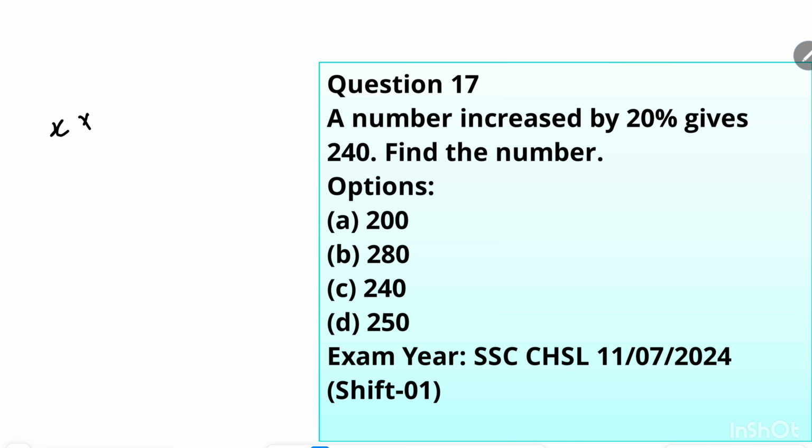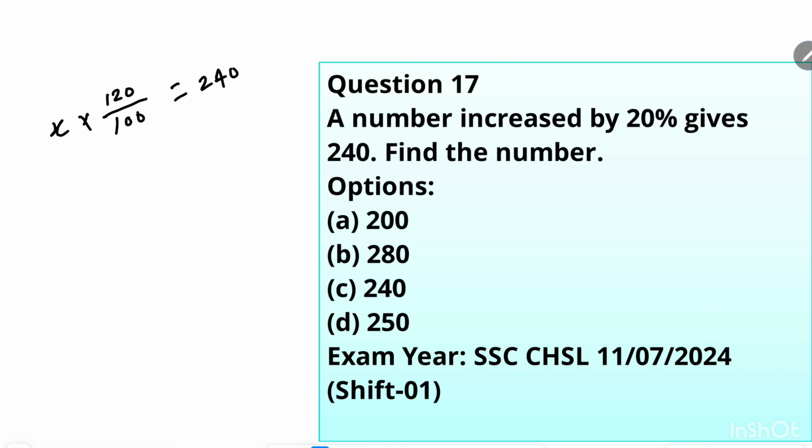In the previous video, we learned that we don't need to go through the whole process. If any number increases by 20%, that means it becomes 120, so we multiply that number by 120 upon 100, and it becomes 240. You understand?